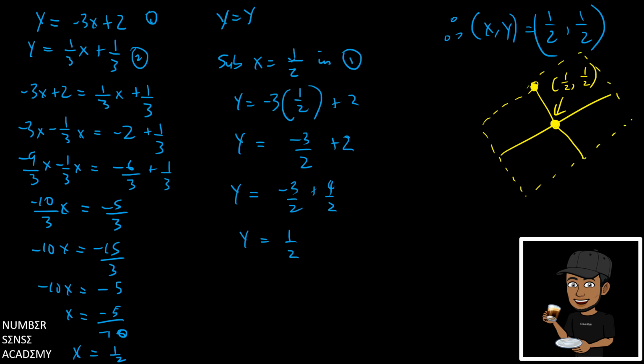We calculated this, and remember it was 0, 2. We also calculated this, and this was negative 5 over 2, negative 1 over 2. Right? So I have an option. I could find this point, or I could find this point.